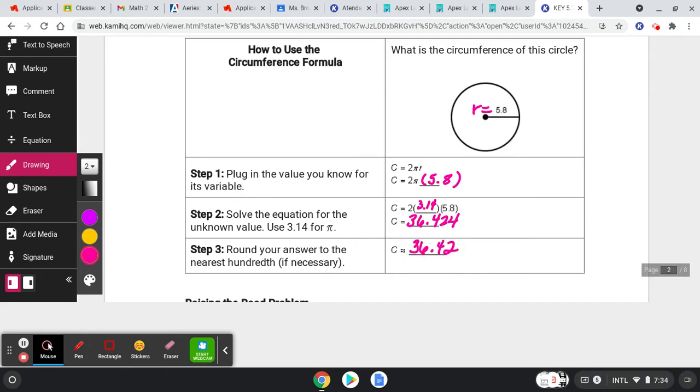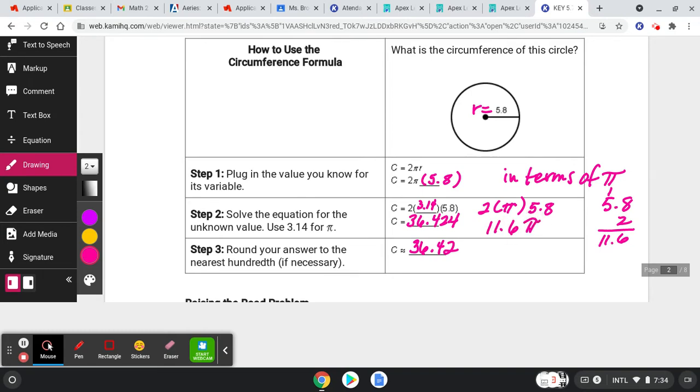36.42. There's our approximation. Now you're also going to have to get used to saying your answers in terms of pi. And so, for example, up here where there's a 5.8 times 2 times pi, 5.8 times 2, if we did that multiply, would be 11.6.